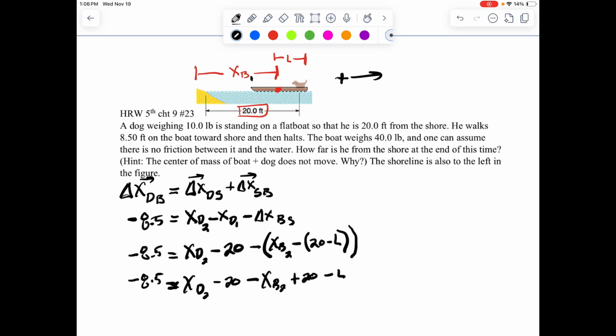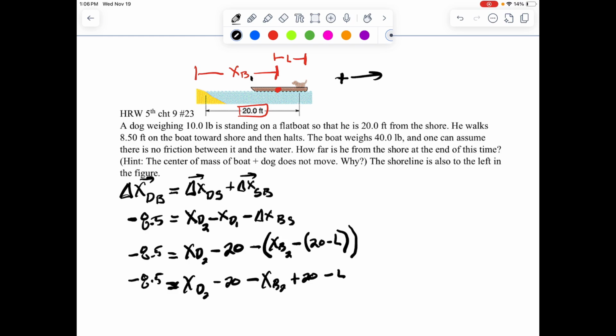All right, the whole reason I'm doing this is because I need to put the boat's position in terms of the dog's position. And what I know is that the dog moved on the boat. So I know that 8.5.